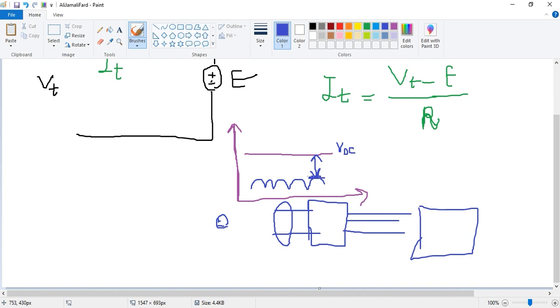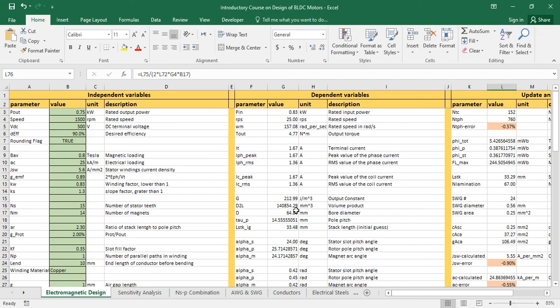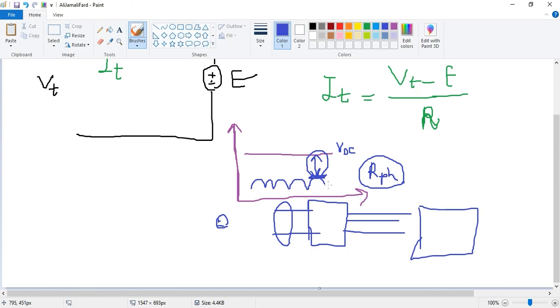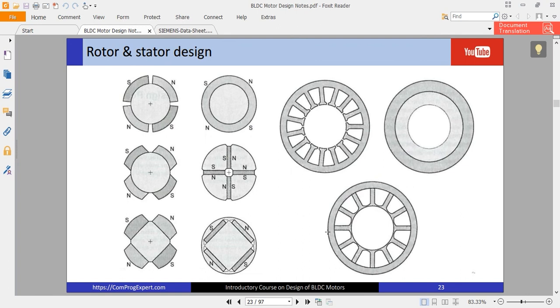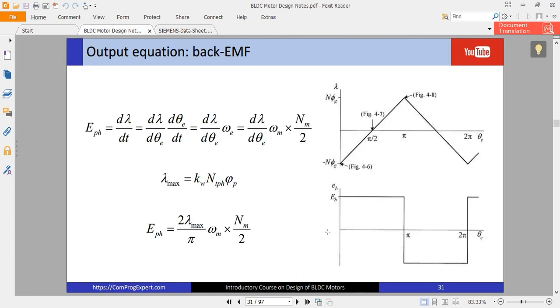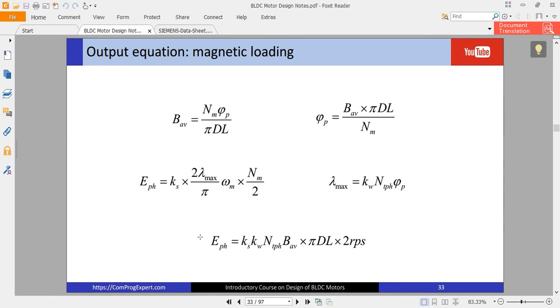We calculated the maximum back EMF, and we need to set this difference and the phase resistance to match, to get this terminal current or this phase current. Because of this, I defined the slope factor here and modified the phase back EMF equation.